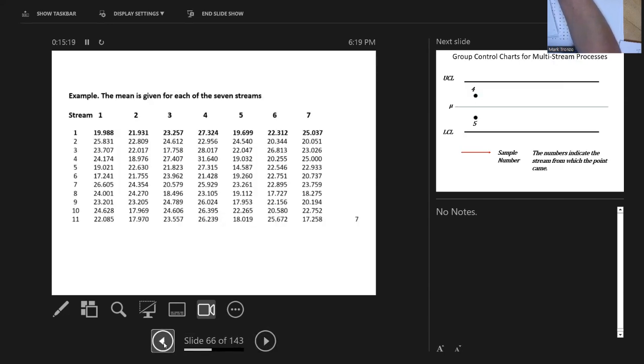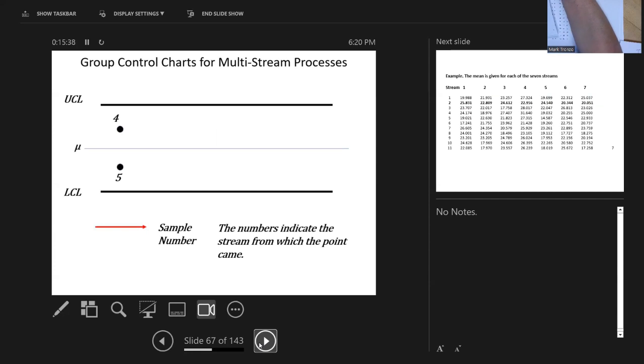Notice that stream 4 was the highest, it had 27.324, and stream 5 had the lowest, around 19.7. So what we're going to do is plot that highest and lowest value. And so we put that here. Again, the highest was at 4, the lowest was at 5.